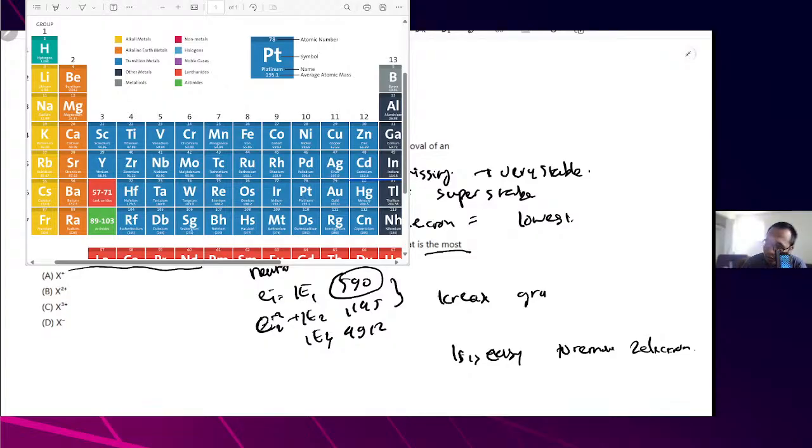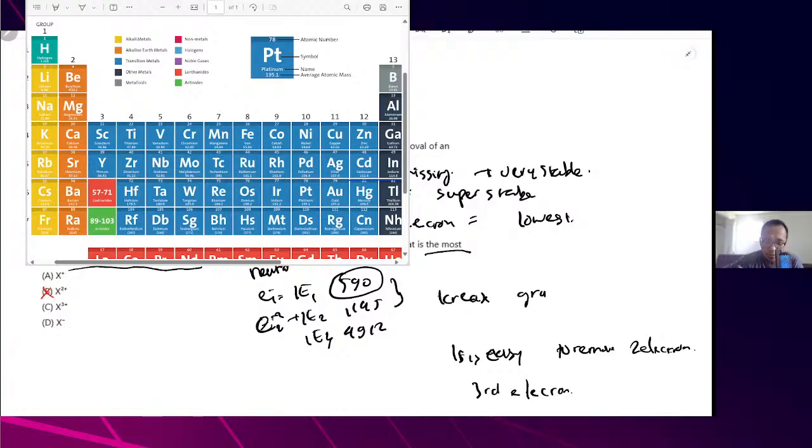So after the third electron, it's so hard to take out this electron. Which one is the most stable?